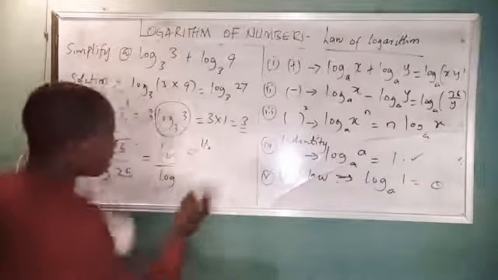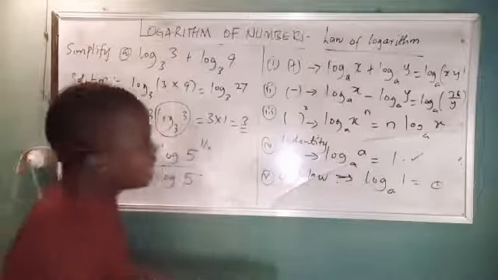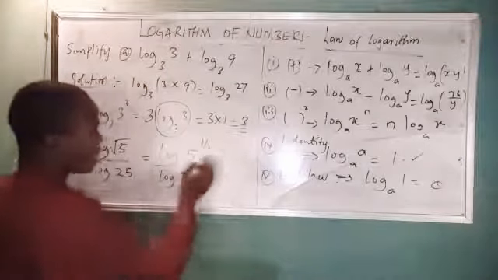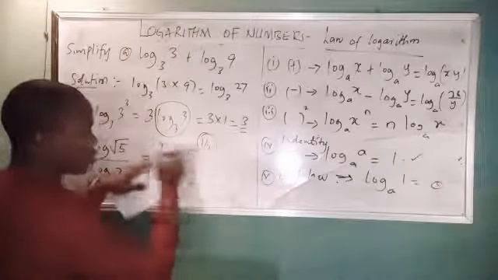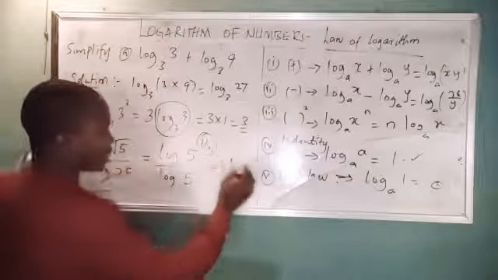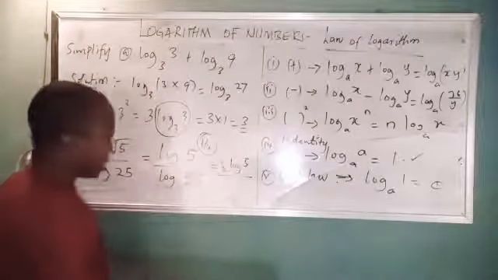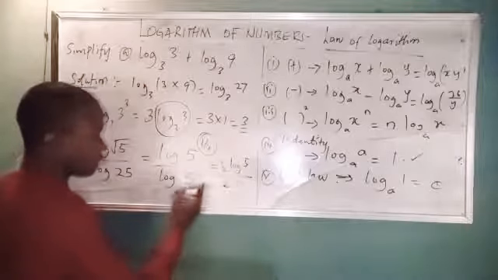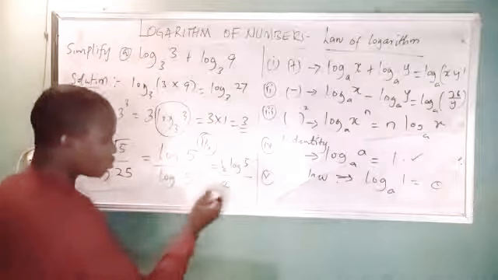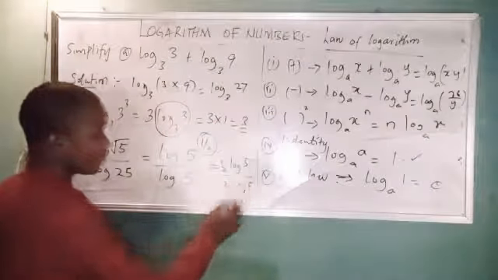Yes. So now from here, go to this power law. You can see half is the power here. You come here, you have half, that is 1 over 2 log 5, divided by 2. You apply that power law to the denominator also. So you have 2 log 5.